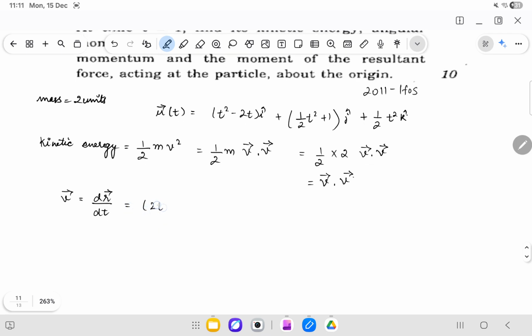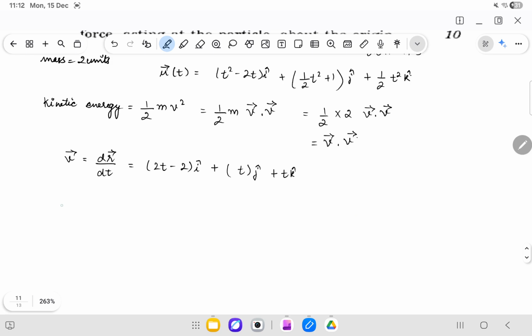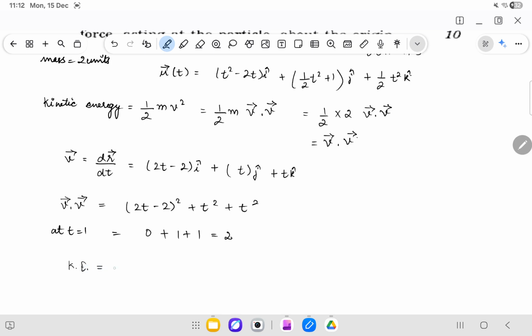So it will be (2t − 2) i cap plus t j cap plus t k cap. Its dot product with itself will be (2t − 2)² + t² + t², and at t equals 1 it will be 0 plus 1 plus 1, which is 2. So kinetic energy, which I am denoting with KE, will be equal to 2 units.